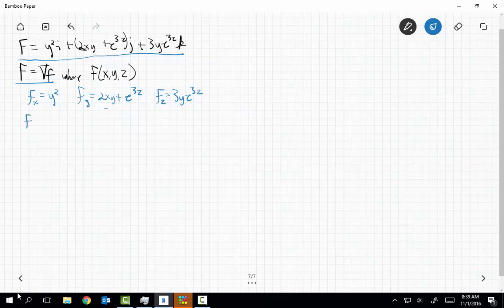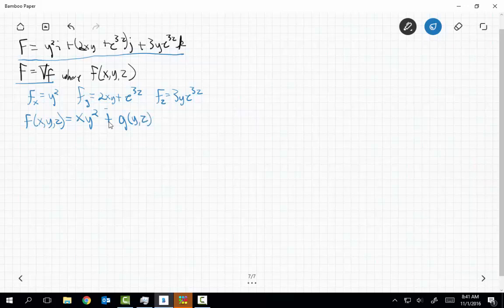Does everybody agree, hopefully, that based on this partial, I know that f of x, y, z, by taking the antiderivative of this term with respect to x, will be xy squared, right? But I'm not just going to get xy squared. I'm going to get some other function, which I'm going to call g, and that function is going to be a function of both y and z.